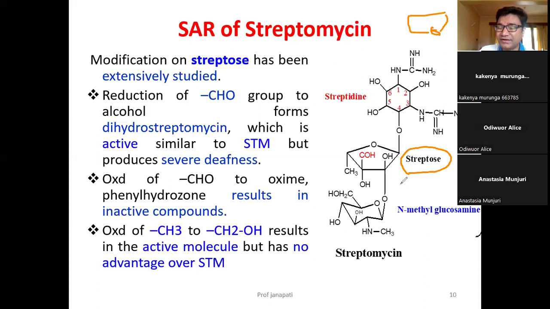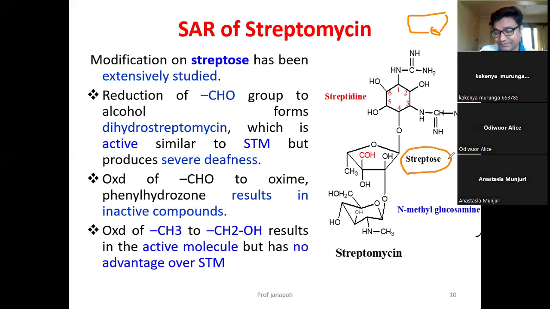That is a raw type of naming, just like when you see a male person, you can say male. So this is a furanose form. The specific name is streptose.